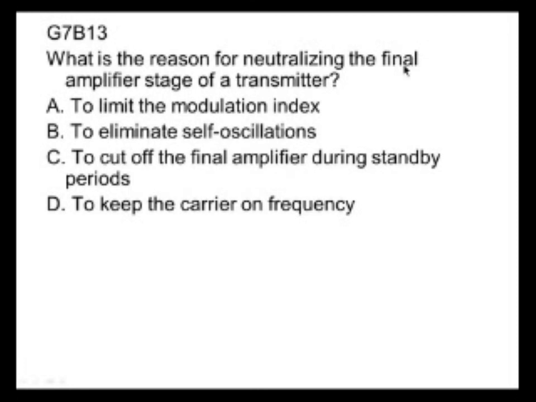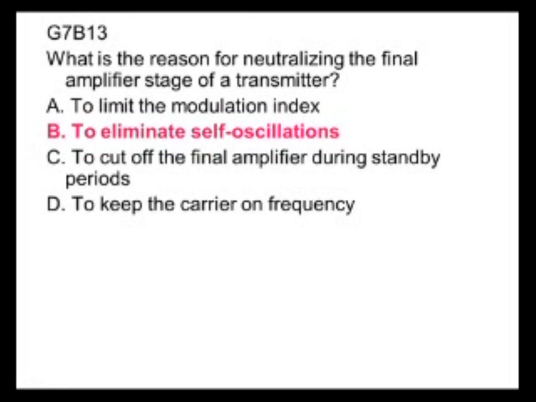What's the reason for neutralizing the final amplifier stage of a transmitter? Remember, amplifiers like to turn into oscillators, and if the final amplifier stage of a transmitter has any kind of feedback, either intentional, well, it wouldn't be intentional because it wouldn't be an amplifier if it was intentional.